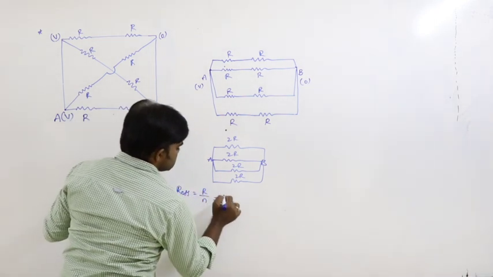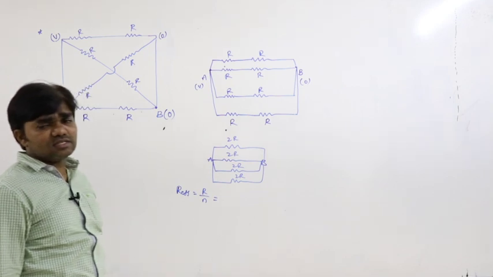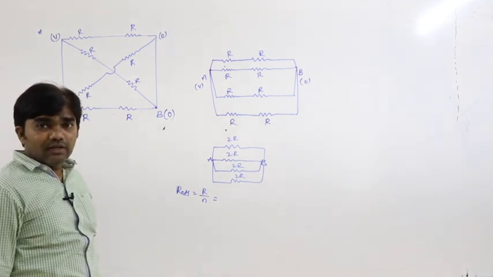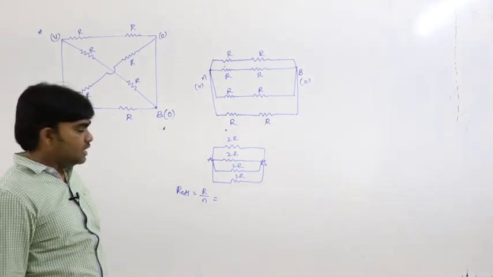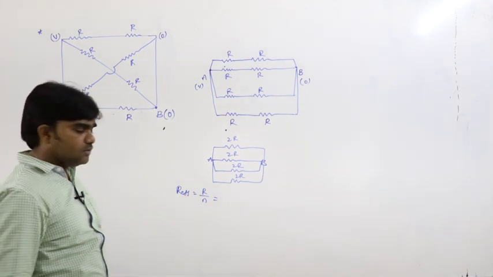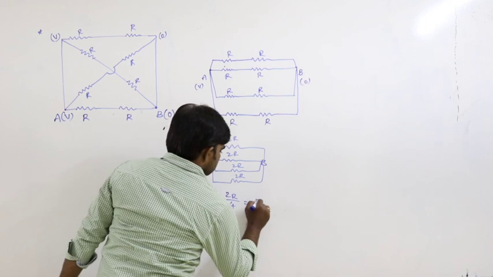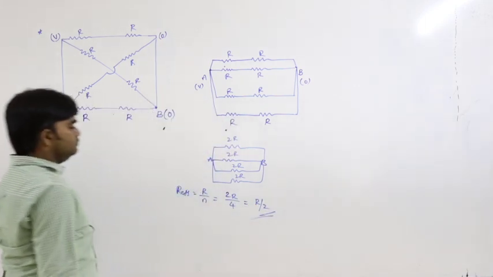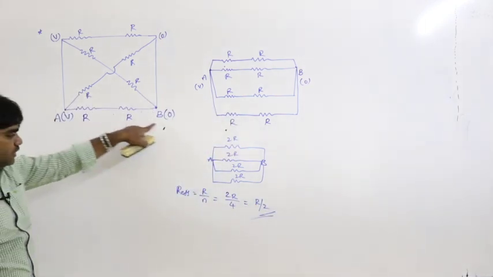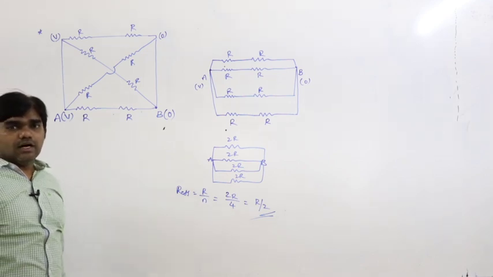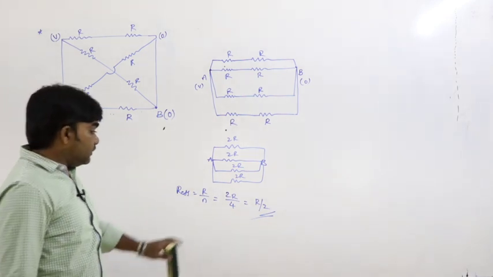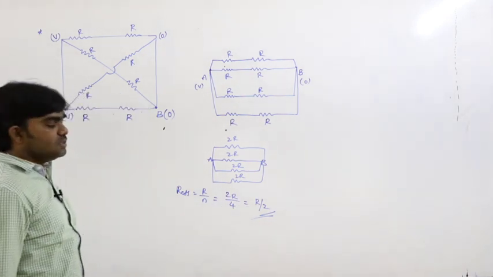If the number of equal resistances are in parallel, then R effective is equal to R by N. So that is 2R by 4. So that is R by 2. Effective resistance between A and B is R by 2.